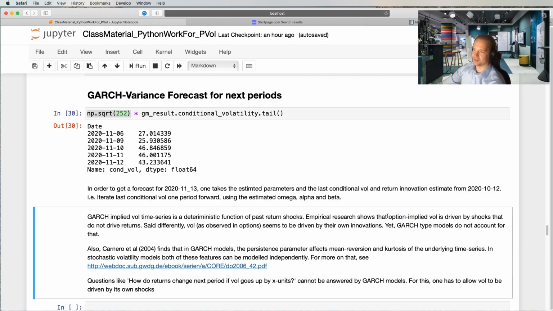What you can do is, since vol is so persistent, you just fit an AR1 to vol, you get residuals, and you fit an AR1 to returns, get residuals, and correlate these residuals. The correlation is very low.